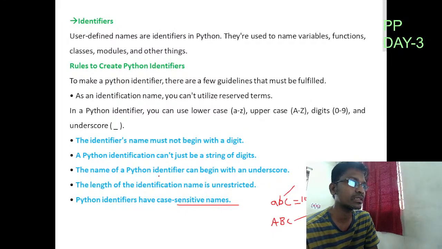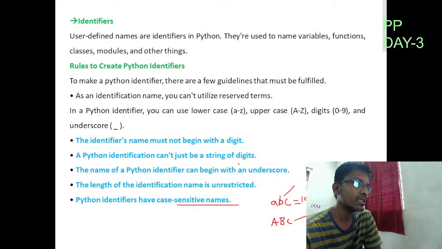So these are the rules you have to follow for writing identifiers. First, it can begin with an underscore symbol. After that you can use uppercase letters, lowercase letters, or numbers.